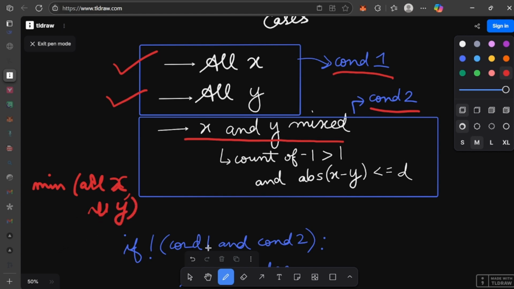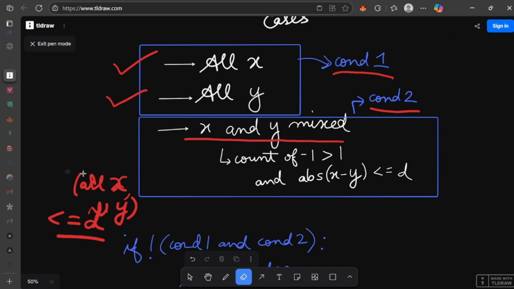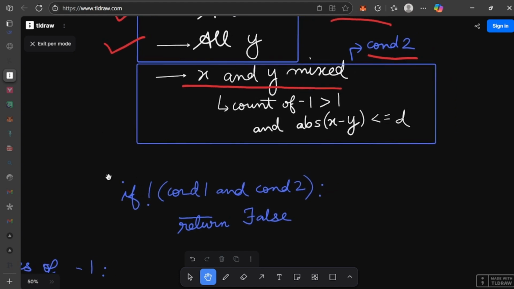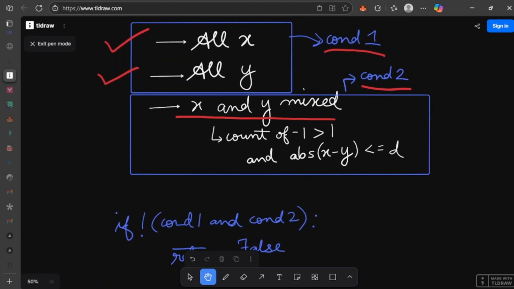That would be our answer, and if it is less than or equal to d, we would return true from here and move the left pointer ahead, move the right pointer towards the left, because we need to find the minimum in our binary search template. This is only the check function.